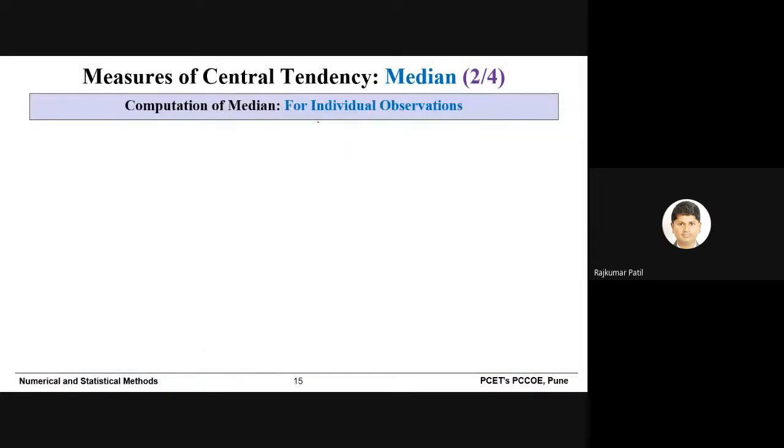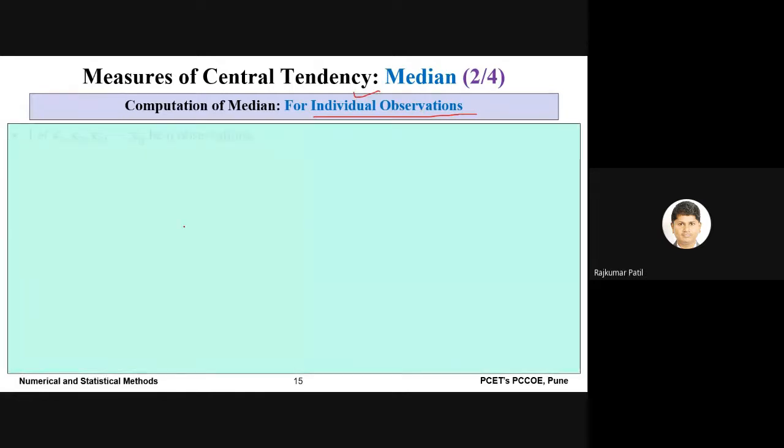Let's take another example where individual observations are there. Now we will be talking about quantitative data, and here we will be dealing with individual observations. So when individual observations, let's say x1, x2, x3, x4 up to xn, these are the n observations. Then how will you calculate the median for this case?